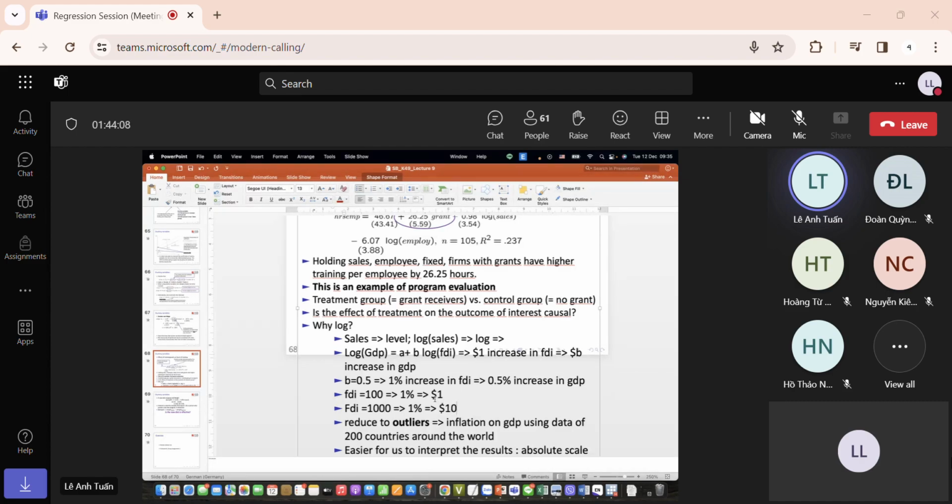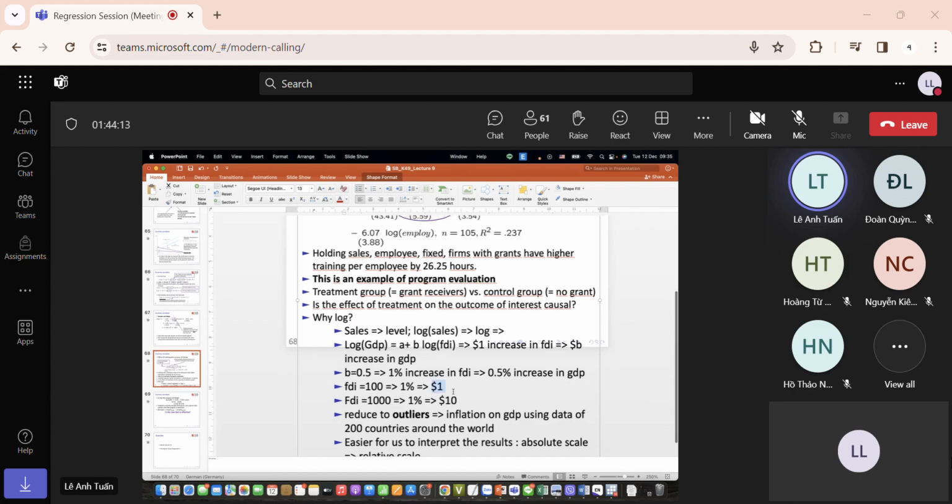Although they have different absolute scales, for each country the absolute value only accounts for 1%. Although the second country has a higher FDI, the 10 US dollars account for 1% too.